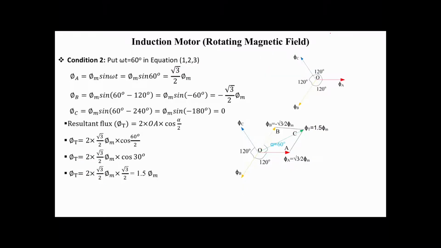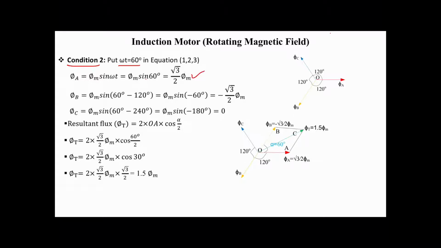Let me consider condition number 2. Put omega t equal to 60 degree in equation number 1, 2 and 3. In equation number 1, phi a is equal to phi m sin omega t, which is phi m sin 60, because we have considered that omega t is equal to 60 degree, which is root 3 by 2 phi m.